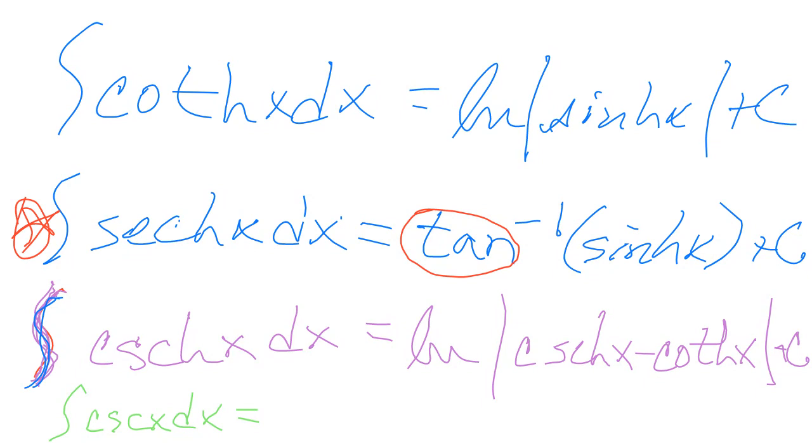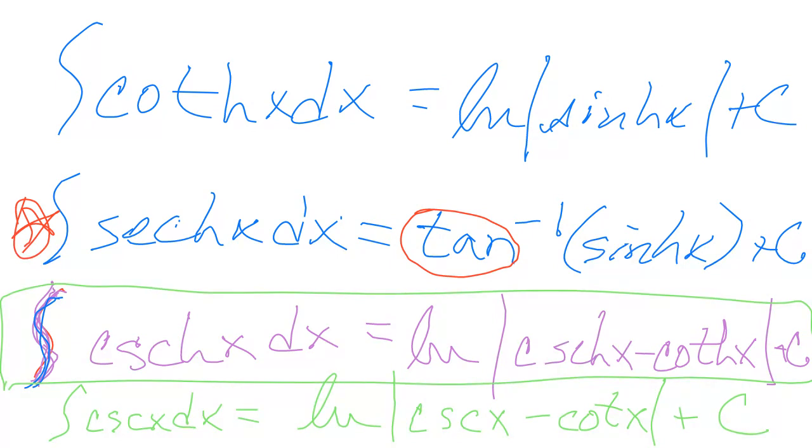And they probably use u's. I'm guessing it's the natural log of the absolute value of cosecant x minus cotangent x, but we need to verify if it's the same sign. Do you see that anywhere? Absolute value of that? No minus sign in front, right? So what do you notice? This theorem here is a mirror image theorem, which is nice.